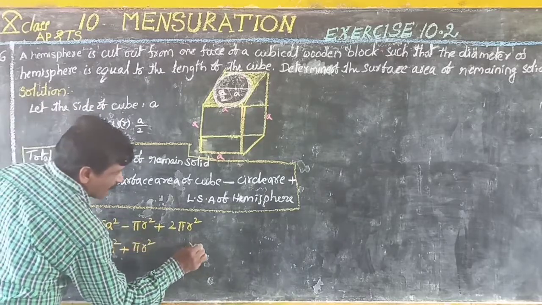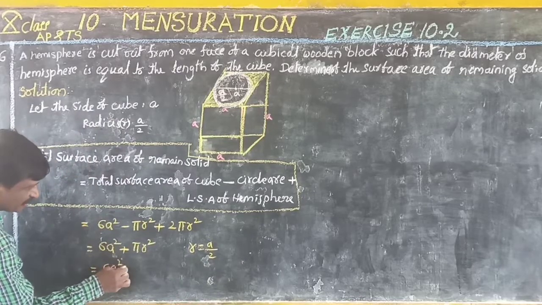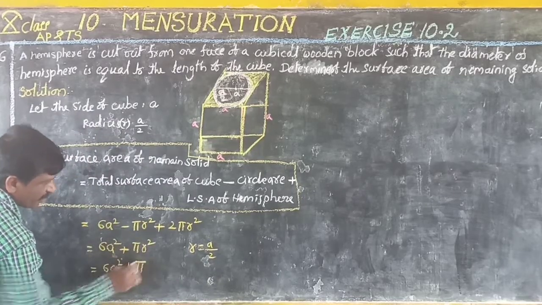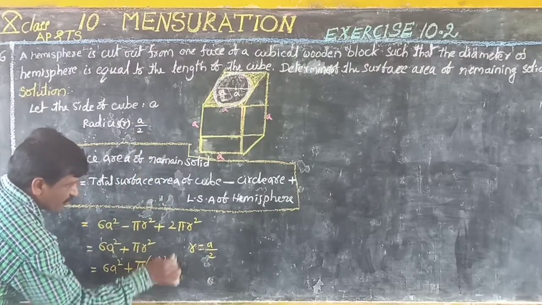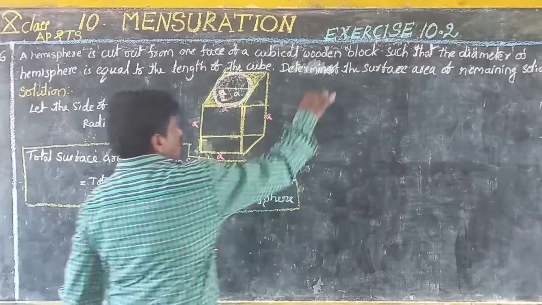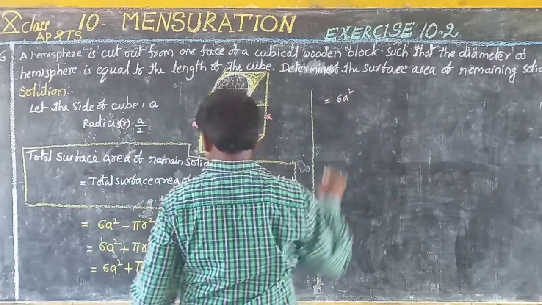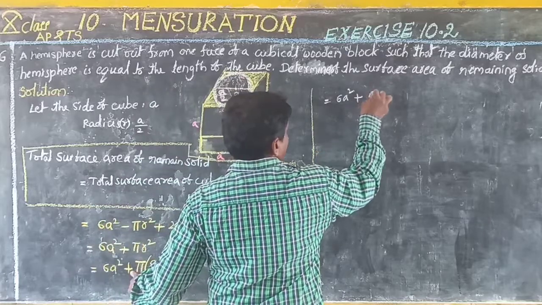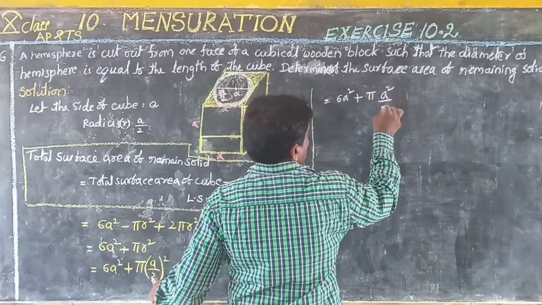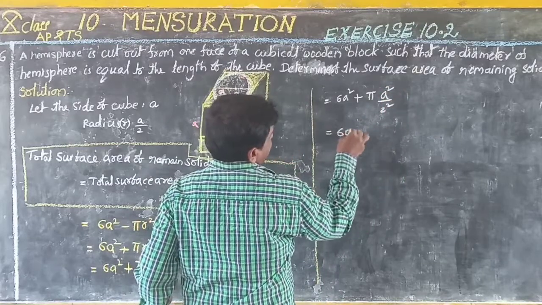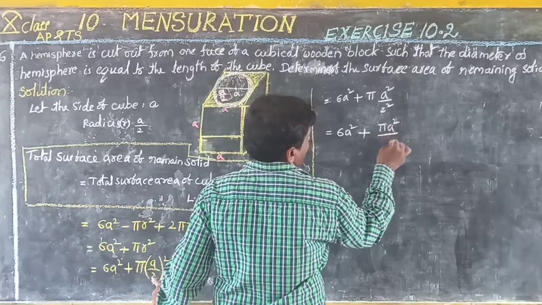But r means a by 2. So 6a square plus 5 into r, which is a by 2, whole square. So 6a square plus 5 into a square by 2 square, that is 6a square plus 5a square by 4.